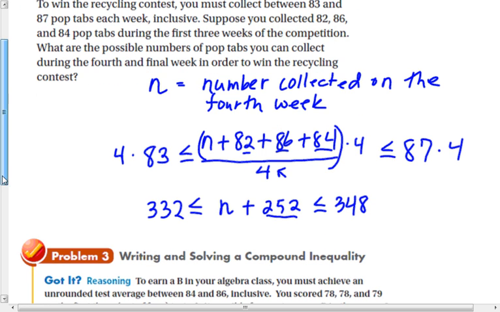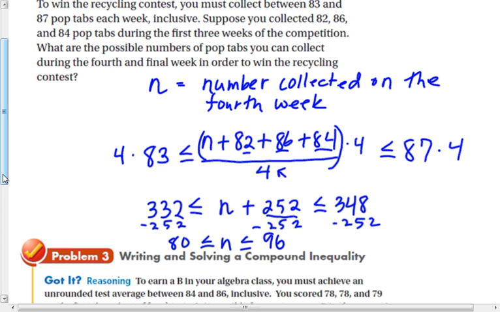All right, now I just need to subtract 252 from each of those. And when I do that, I get 80 is less than or equal to n, and n is less than or equal to 96. I made another error there, didn't I? No, that's right. 80 is less than or equal to n, is less than or equal to 96.